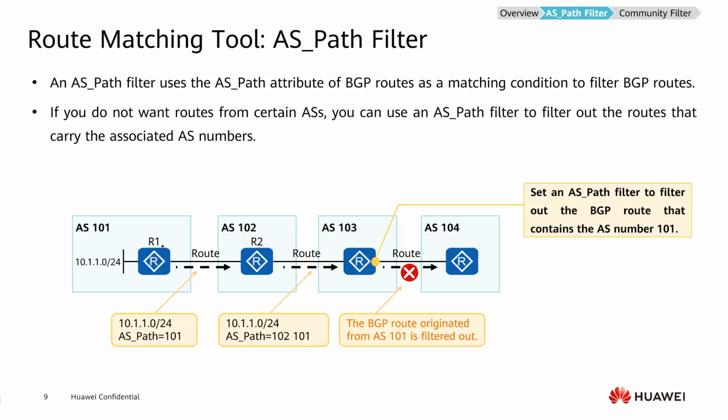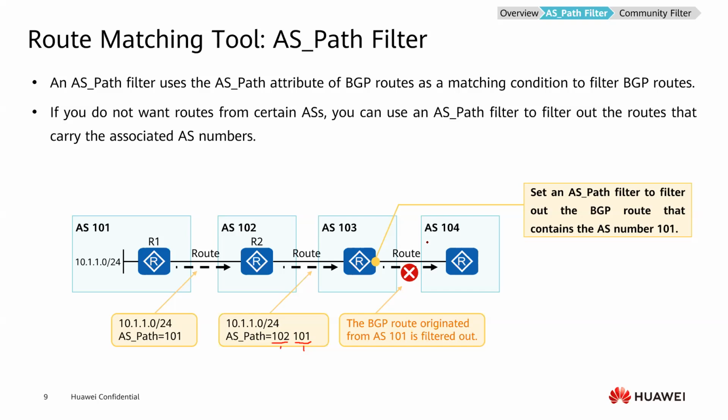R1 will send the route, and the route will carry the AS-path 101. And R2 sends the route. The route will carry the AS-path attribute, adding 102 to 101. This is the first one. This is the second one.